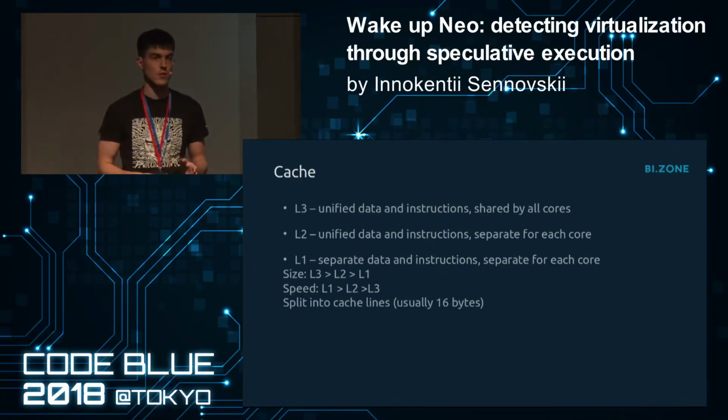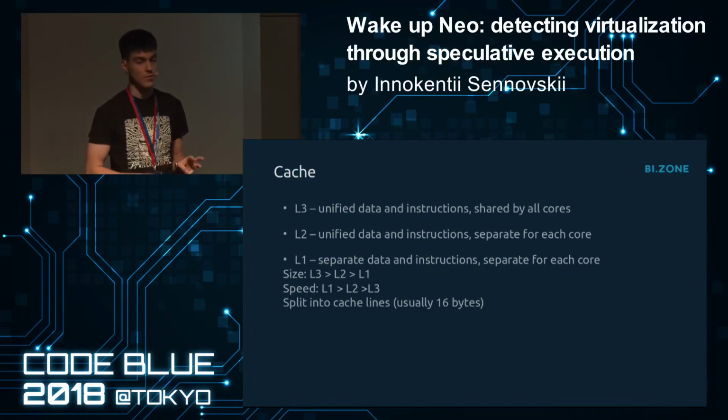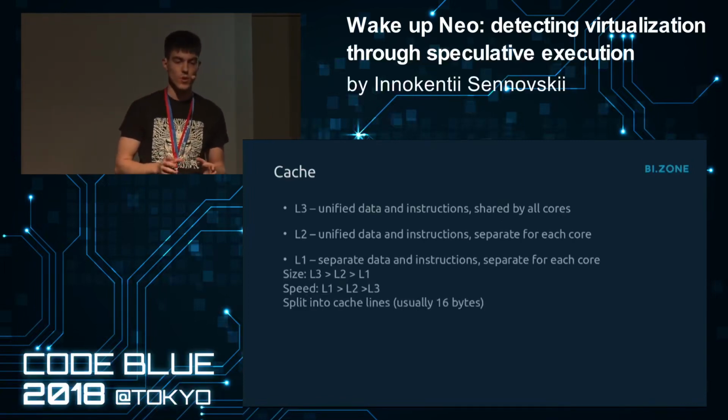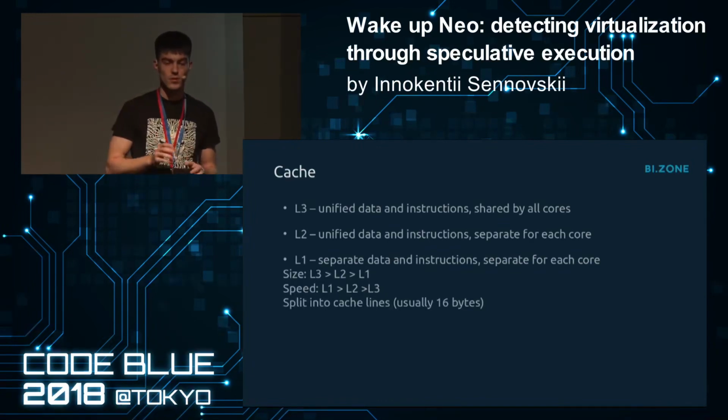In Intel processors, there are three levels of cache, level 3, 2, and 1. Level 3 is the same for all cores. Levels 2 and 1 are specific to each core. And level 1 is also split into data cache and instruction cache, which don't overlap.